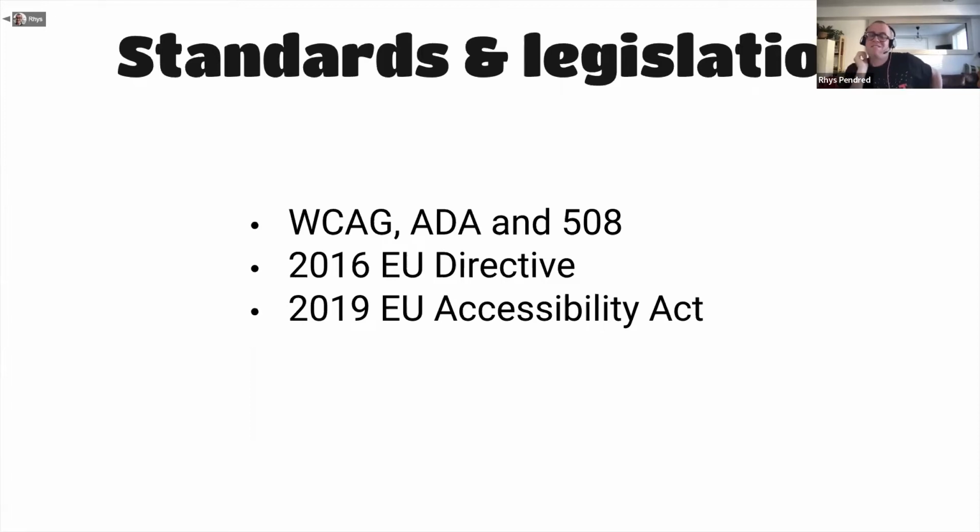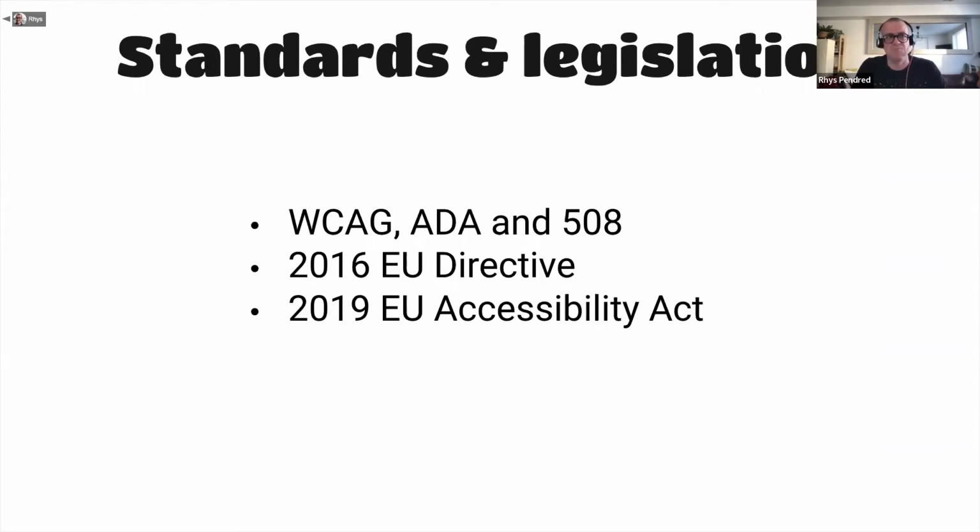But the other way, other than standards, is legislation, and various countries have introduced legislation to enforce the standards. Initially, in most cases, this has been for public bodies and government bodies. The W3C themselves have a table on their site that lists all the countries that have legislation. It's a little bit out of date, but it lists 39 countries that have legislation, mostly based on WCAG.